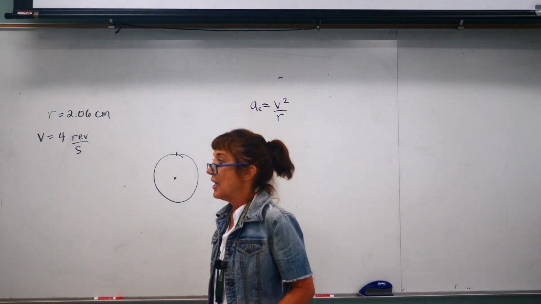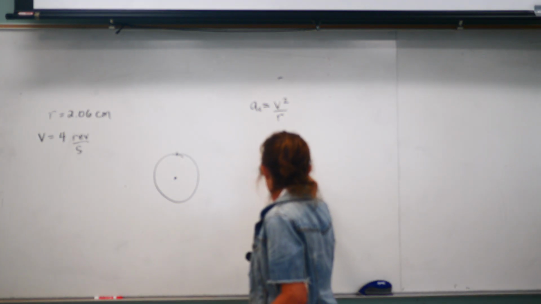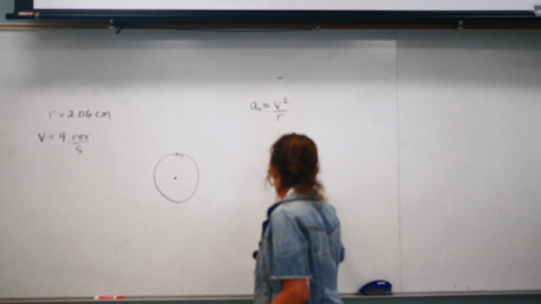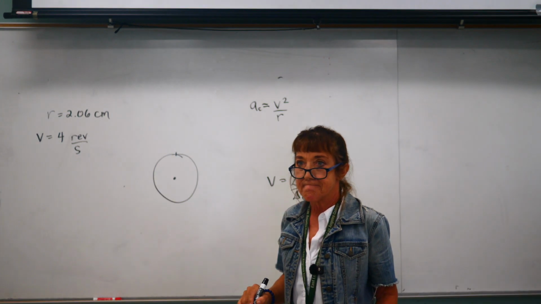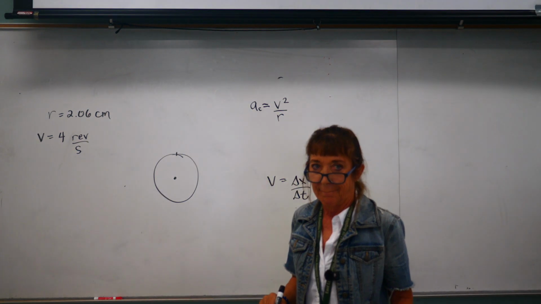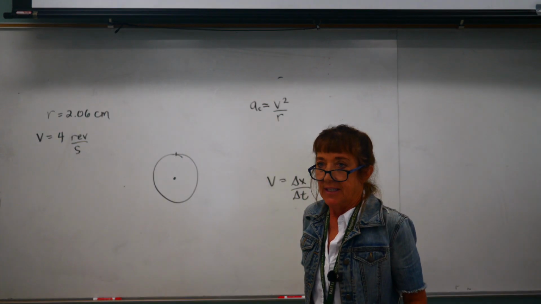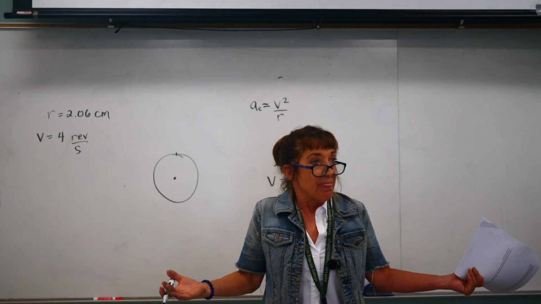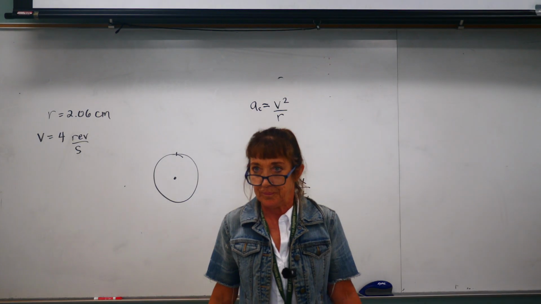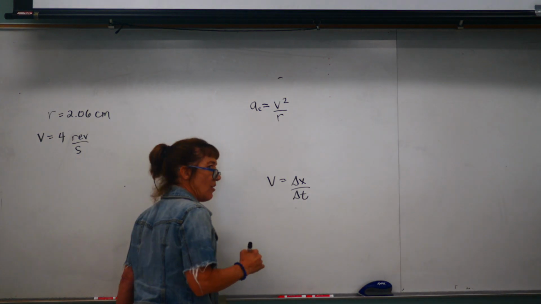But I need v, which if it's constant is delta x over delta t. It's going around that circle 4 times, so I just need to figure out that distance, the circumference of a circle. The circumference is 2 pi r.